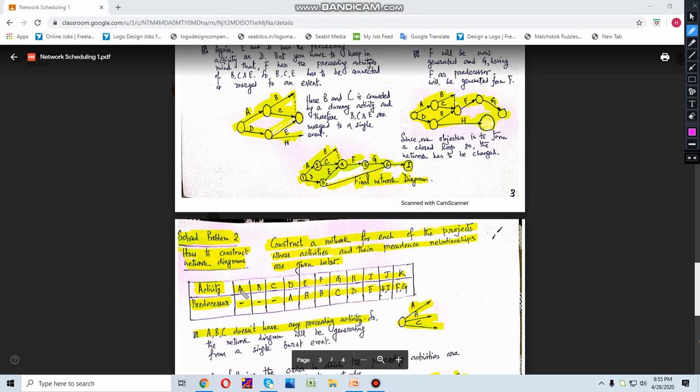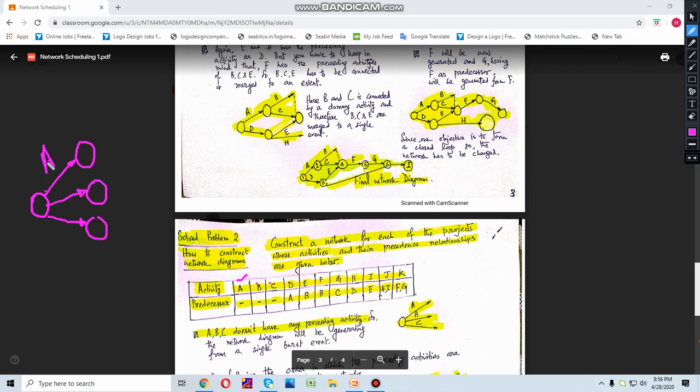Now see, A, B and C don't have any predecessor, so that means they can be generated from anywhere. So let us write A, B and C. You can start to fill up the circles while drawing the network, or you can do it later.